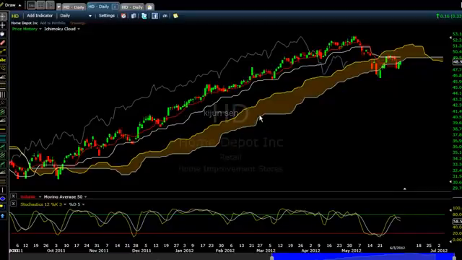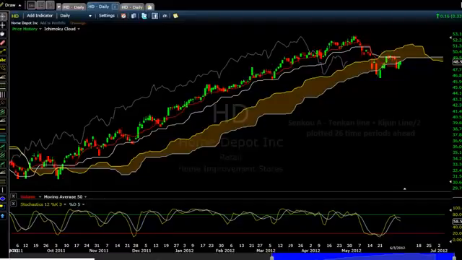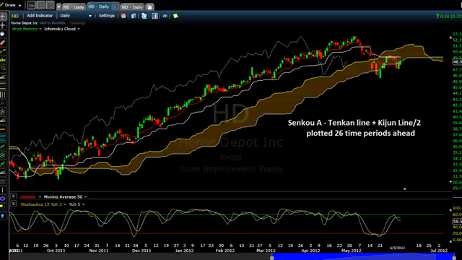Now, the importance of the Kumo: you can see the varying thicknesses, and that's because Senkou span A and B, remember, are a sum of Tenkan-sen and Kijun-sen divided by 2, and it's plotted 26 periods into the future.